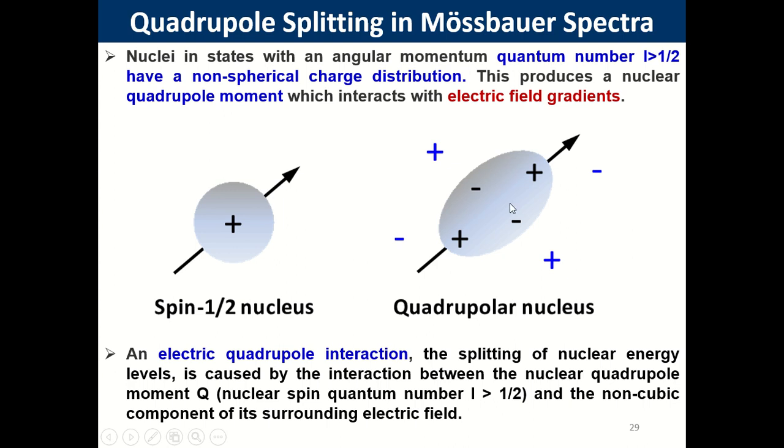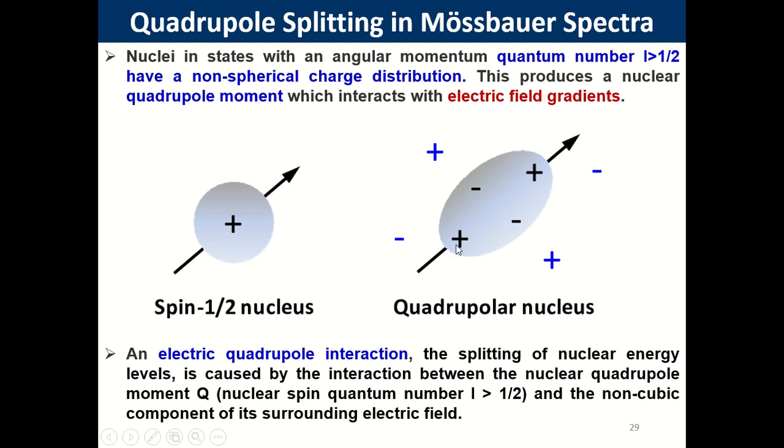And this quadrupole interacts with the electric field gradient. There is a special term here, electric field gradient, and we will discuss more about it. This interaction results in the splitting of the nuclear energy levels.